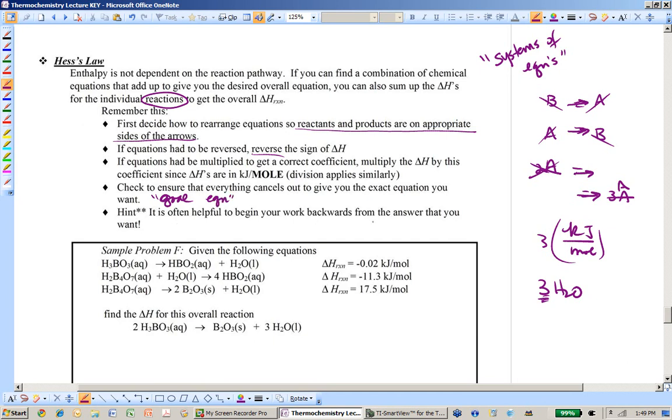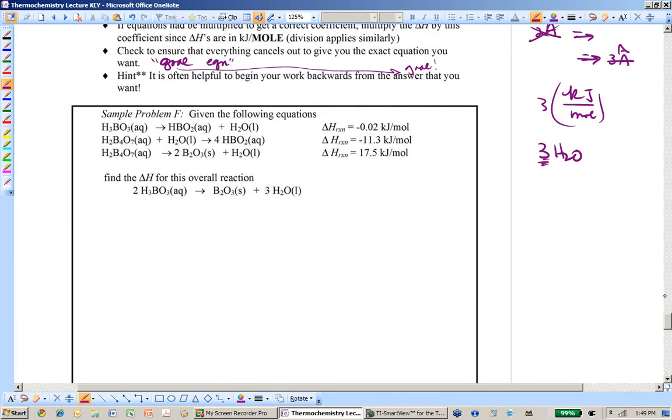And it's often helpful to begin your work backwards from the answer that you want, which is why I call it my goal equation, because the answer that I want is my goal. So let's see if we can tackle this big, bad, ugly situation right here. All right, what do we want? We want to have water on the right, B2O3 on the right, and H3BO3 on the left. Okay, the first equation has water on the right.